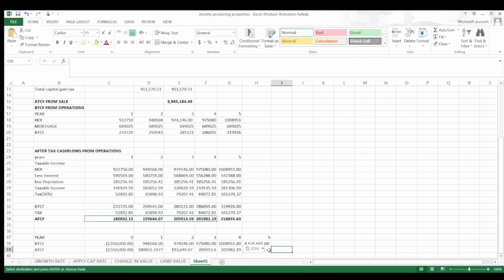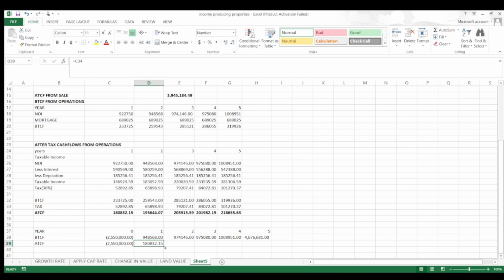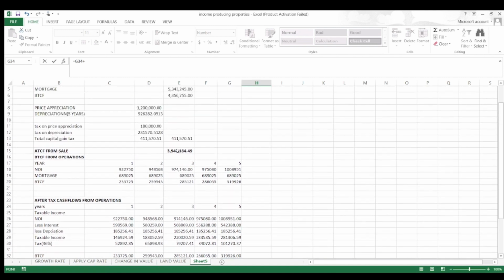Then in this case, or to make it even more accurate, let's just make it equal to that and drag it all the way to the fourth cell so that we have the cash flows up to year 4. But for year 5, we have the cash flows from operation plus the cash flow from sale of the property.